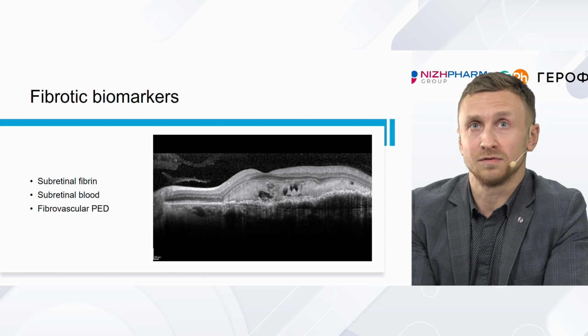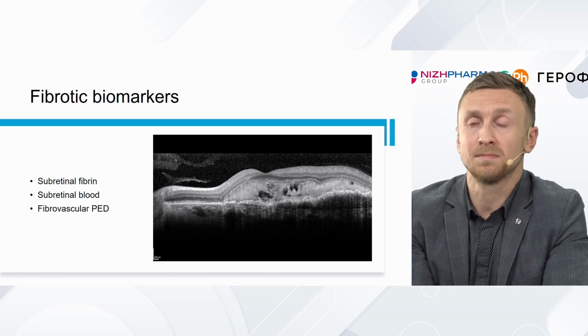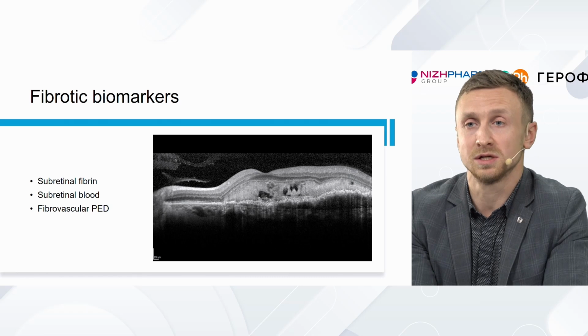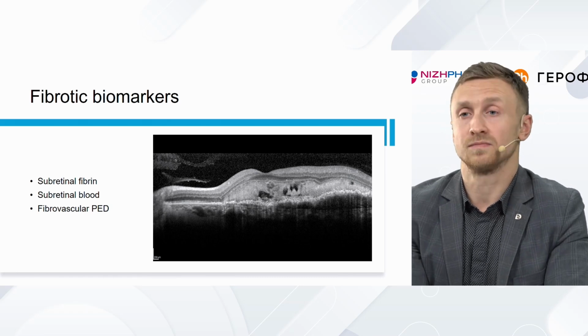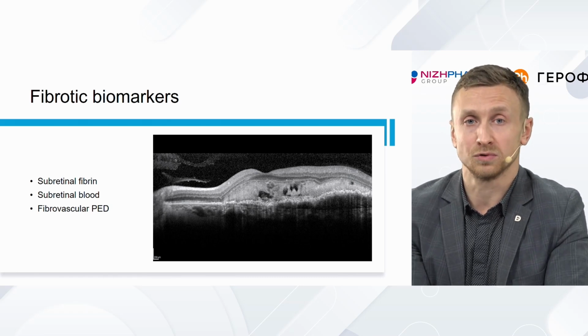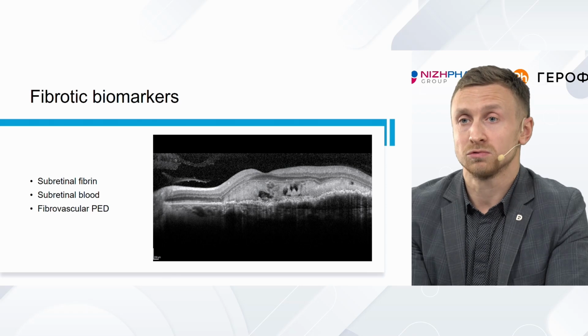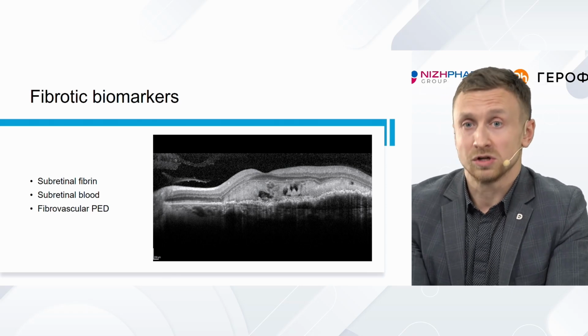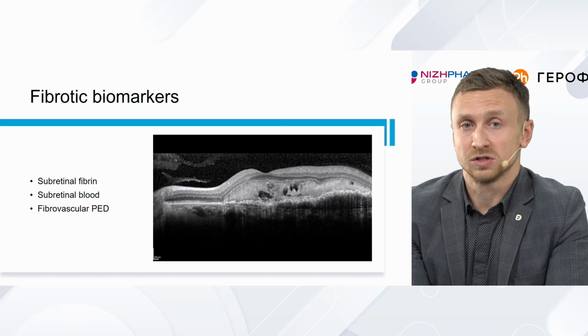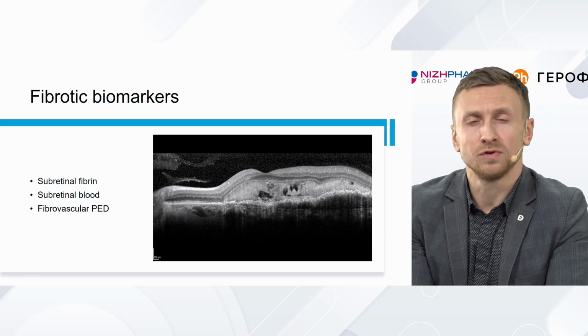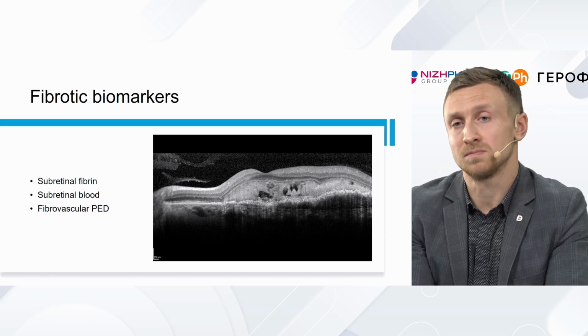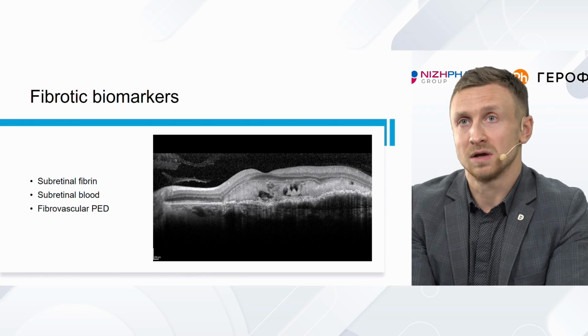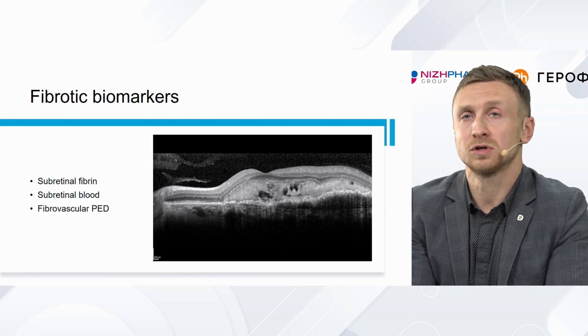One of the important factors of the activity here is fibrotic activity, which can effectively be controlled by this drug. And we have to select the patients where the dominating vector of fibrotic activity is seen using OCT, and they are reflecting the vector of fibrotic activity. This is blood or detachment of epithelium.